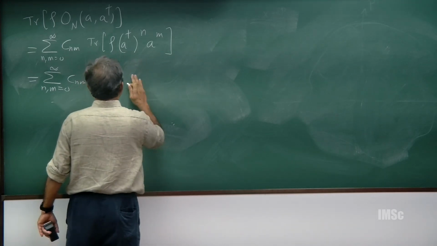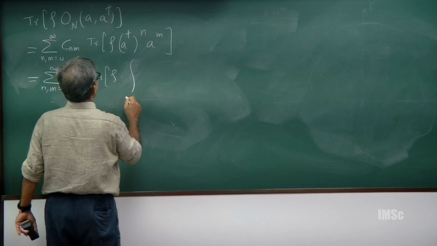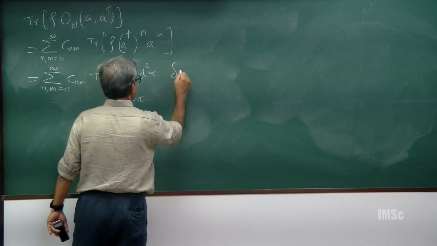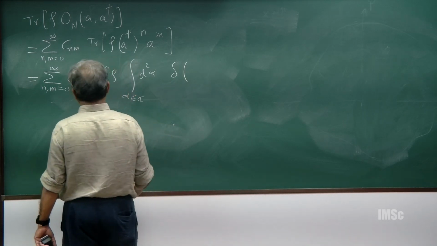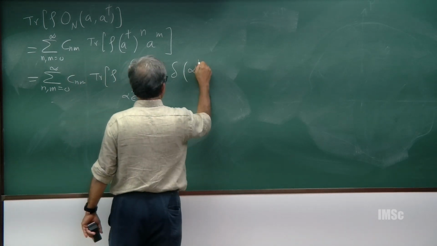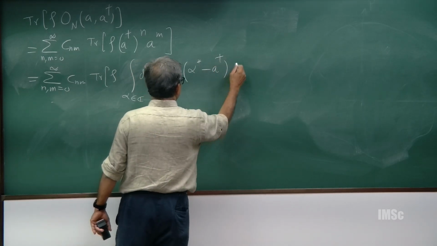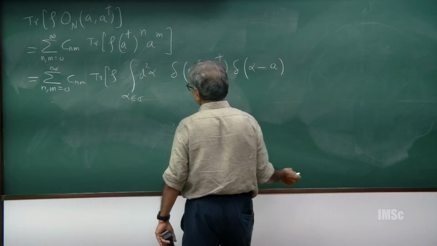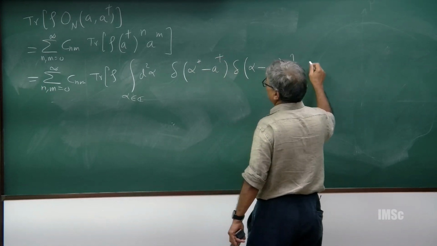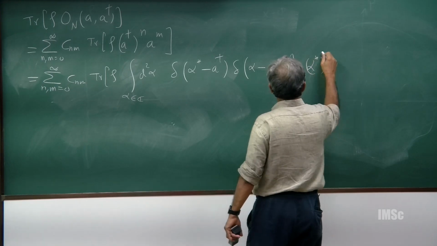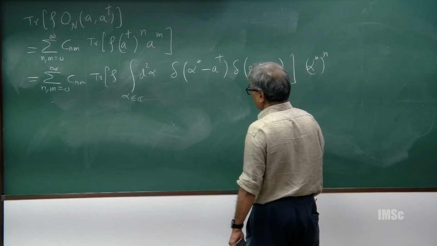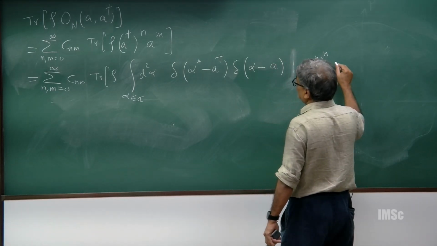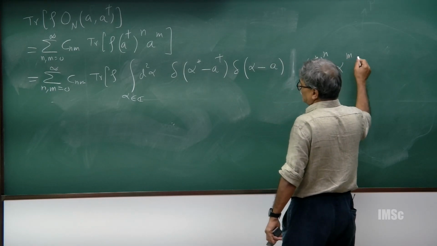Sorry, I will have to write it like this: alpha belonging to C, d square alpha, delta of alpha star minus A dagger times delta of alpha minus A, alpha star to the power n, alpha to the power m.